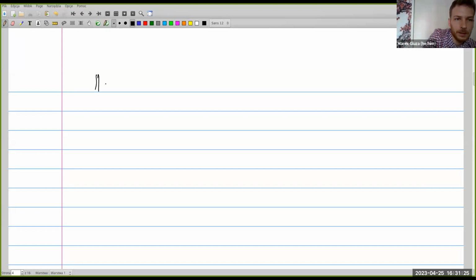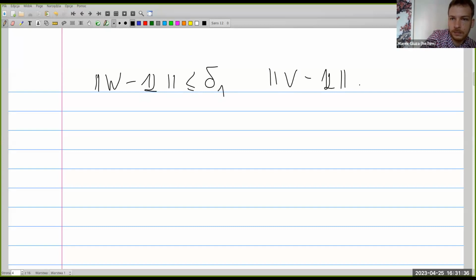So we will need to understand why it's enough to look at something like this: delta 1, V minus identity, delta 2. But what they are explaining, and then W tilde is, I think we need delta. Yeah.